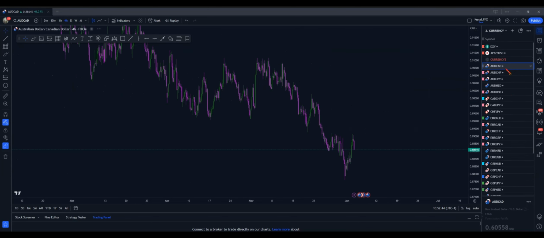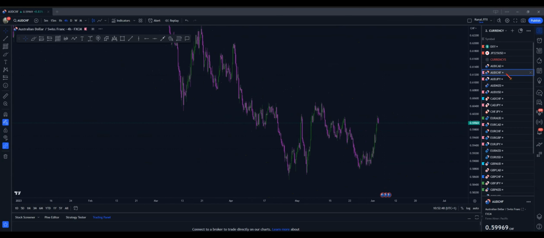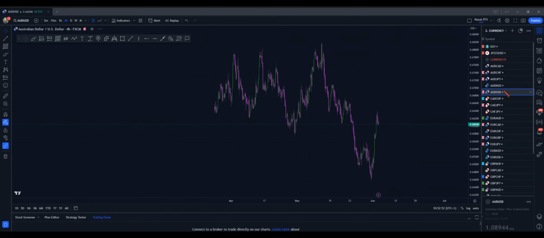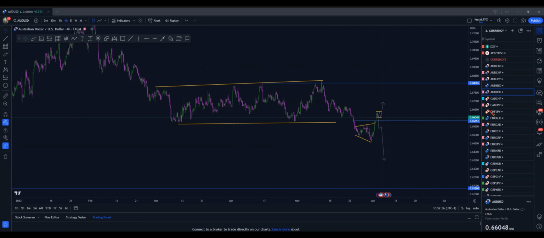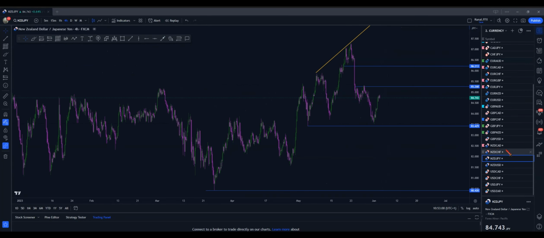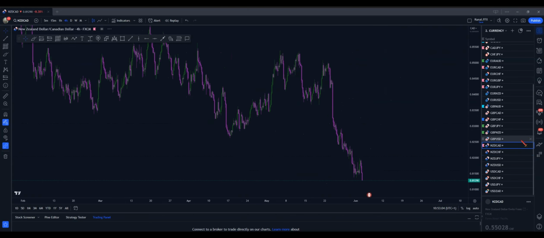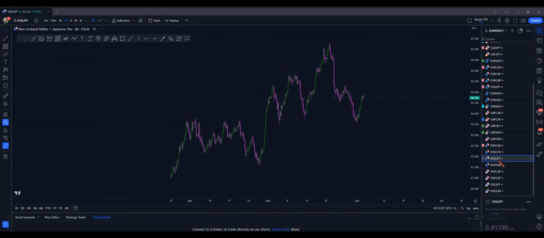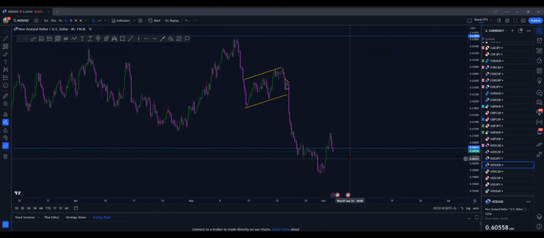Aussie CAD, Aussie Swiss, yes, Aussies, no, it was Aussie US dollar, that's it. You know, we kind of just, no, I don't even know which one it was now, but we saw this before, and we might possibly, yeah, I don't know which pair it was.